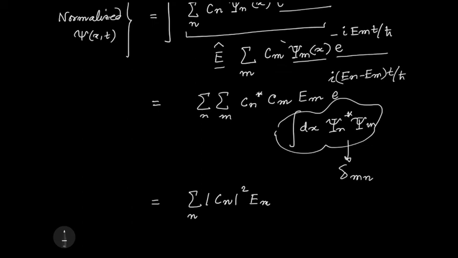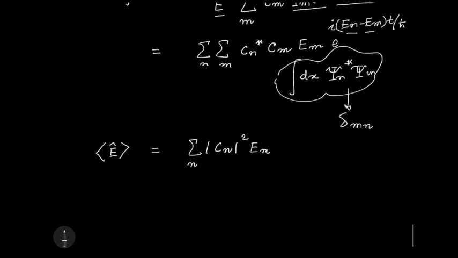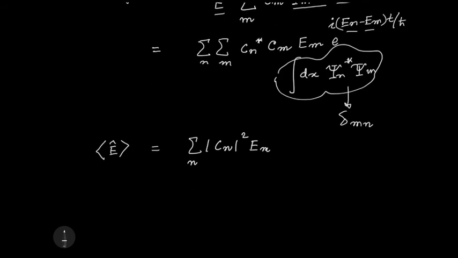But remarkably, because n and m are the same, En and Em are the same, this just becomes e to the 0. So the expectation value of the energy as I calculate here is just this. So this is independent of time. And this is why we call it a stationary state.